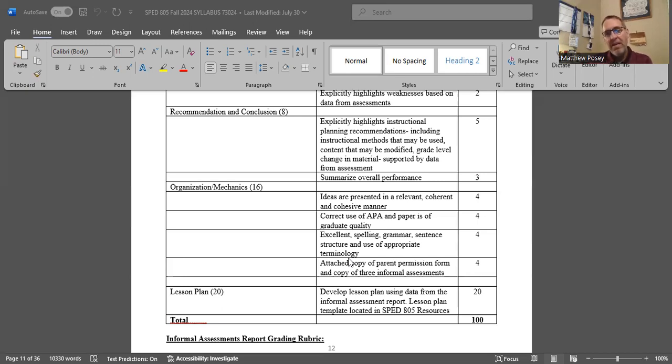Sometimes it really helps that parent connect the dots on the information you're providing when they see it in some form of visual representation. It really helps them gain a better understanding when we can show them the data and visually represent it.